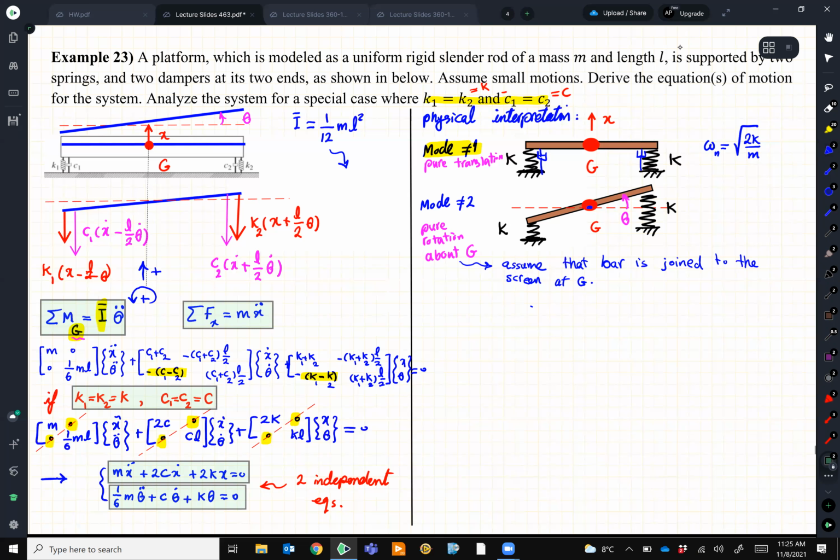If I have some conditions, the two modes in this system will be decoupled. And it happened only for this specific scenario. But let's have a general case, then we'll come back and it makes more sense. So general case.